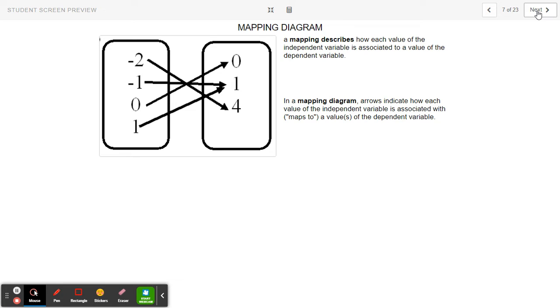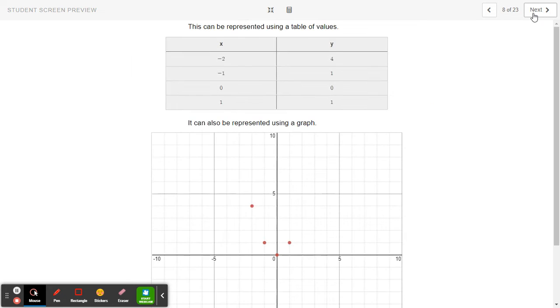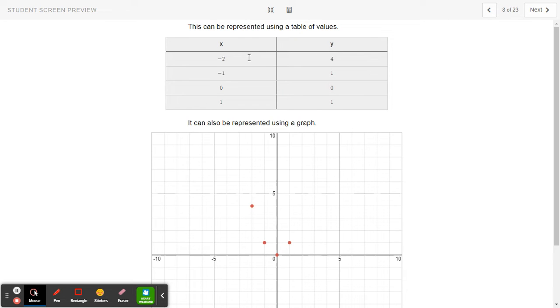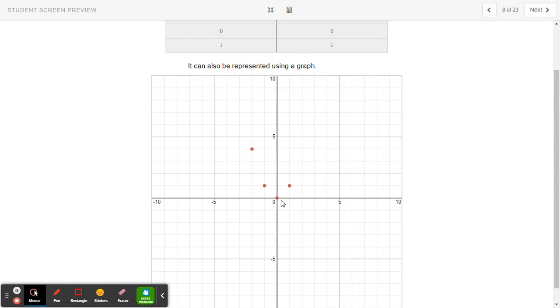Each input here is mapped to a specific output. This mapping diagram I actually just copied here. So this is an example of the mapping diagram written as a table, and this here is an example of the mapping diagram written as a graph.